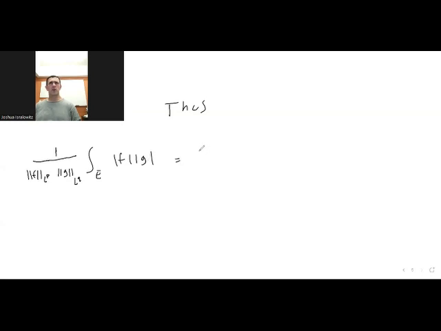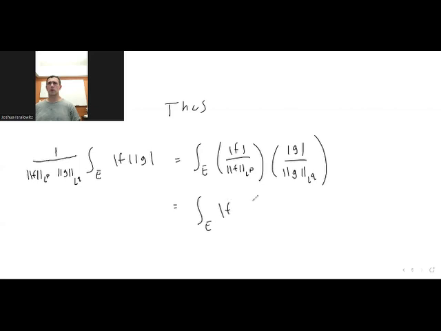Okay, so this is going to be equal to F over the norm of F times absolute value of G over the norm of G. And this is equal to the absolute value of F tilde G tilde, which is less than or equal to 1.